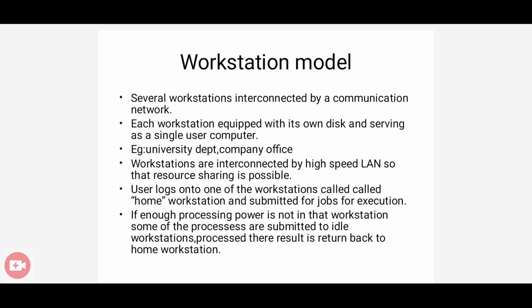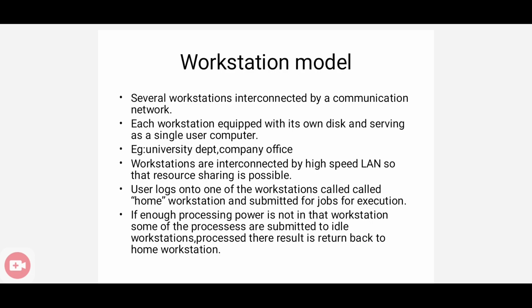Okay, and they are interconnected by using a high speed LAN. Why are we using a high speed LAN here? Because resource sharing is the main property of this workstation model. For resource sharing, we are using a high speed LAN for the communication network. Each workstation can act as a single user system. Each user can log on to a particular workstation, and that workstation is the home for that user. They submit jobs for execution.